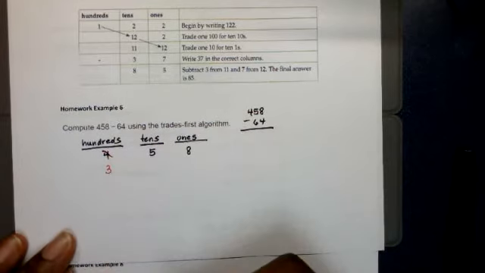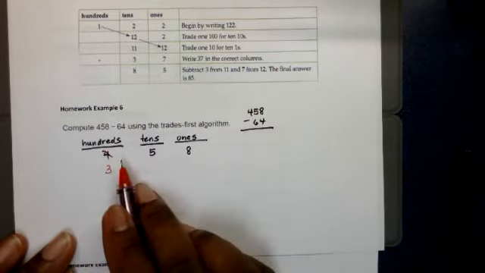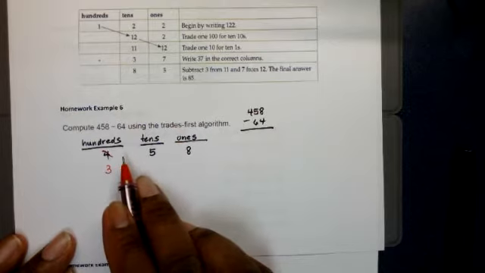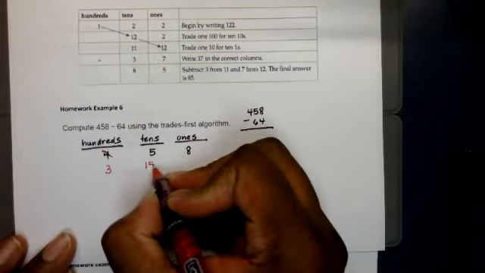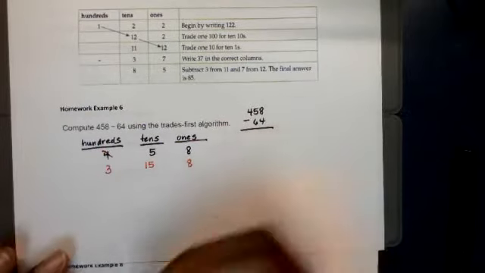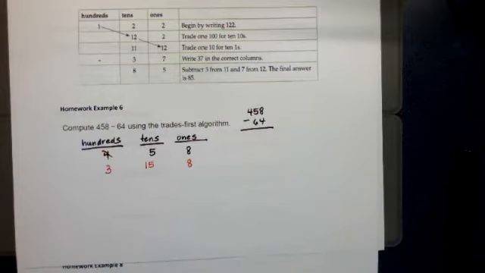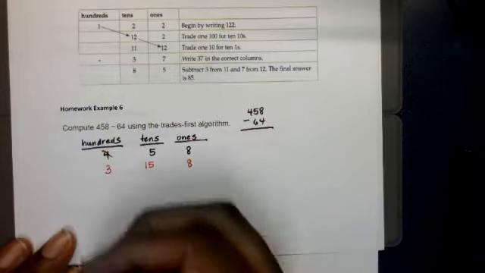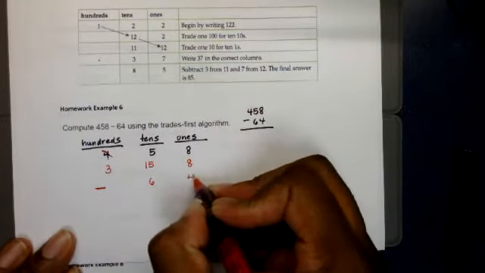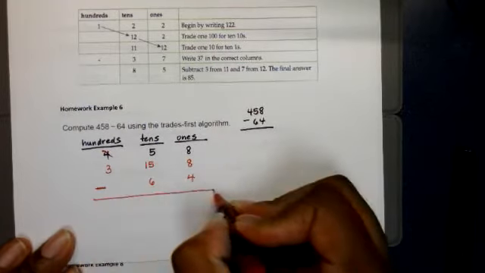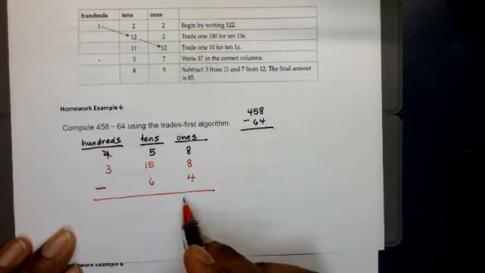And I have 3 left over. That 100 that I traded will convert to 10 tens. So I add 10 to this 5 to get 15. Now bring down the 8 here. And I'm going to go ahead and subtract, bring down the 64 because I'm going to subtract 64 from this.